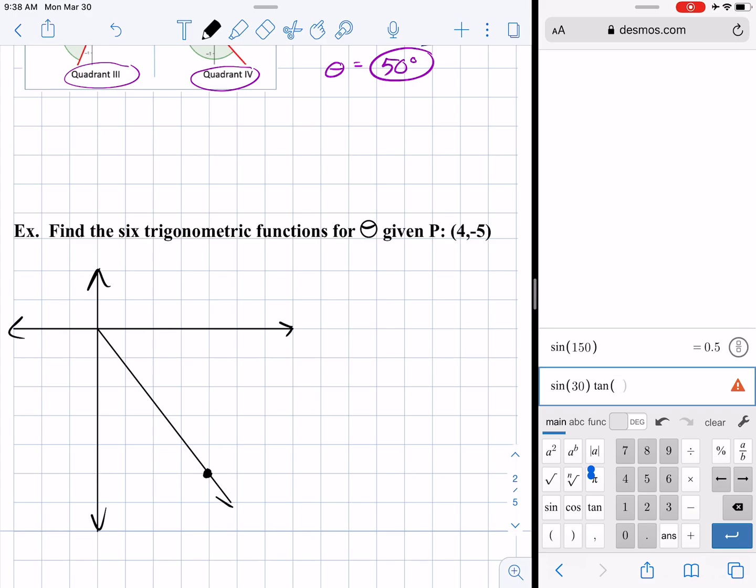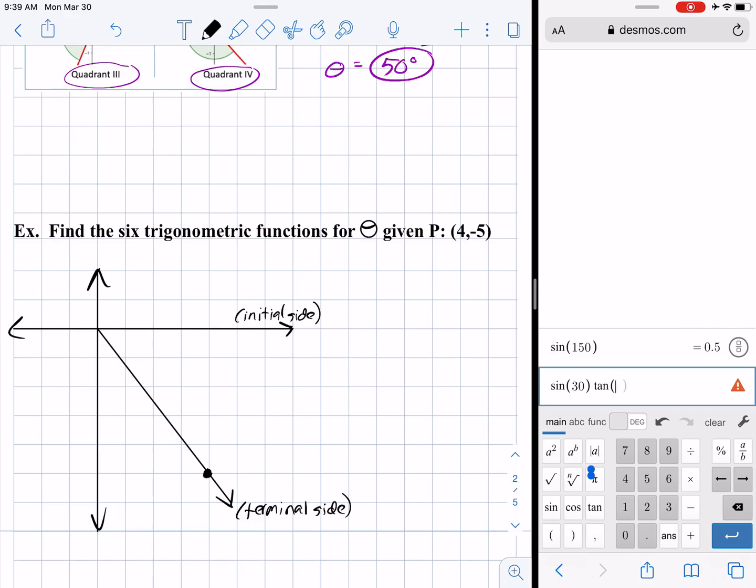Draw our terminal side. Remember, this is the terminal side. This right here is our initial side. It's always the positive x-axis.